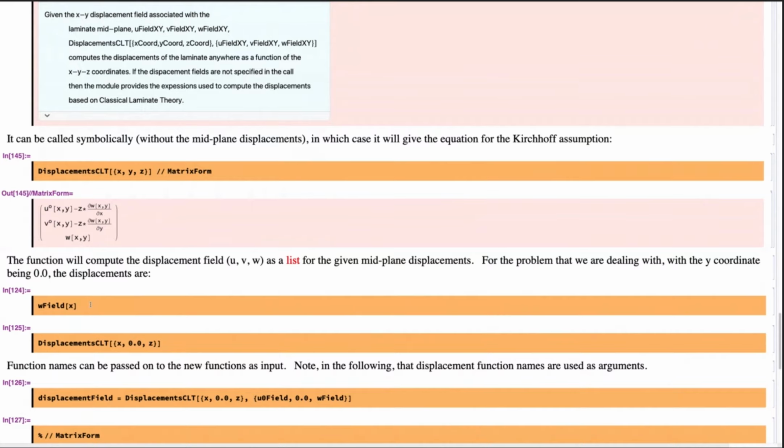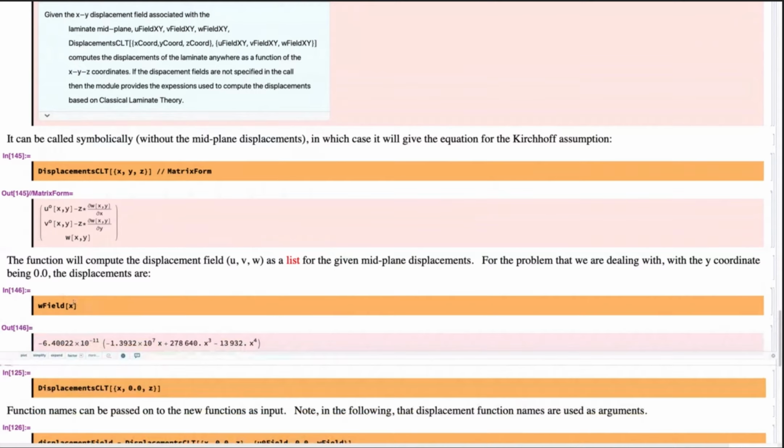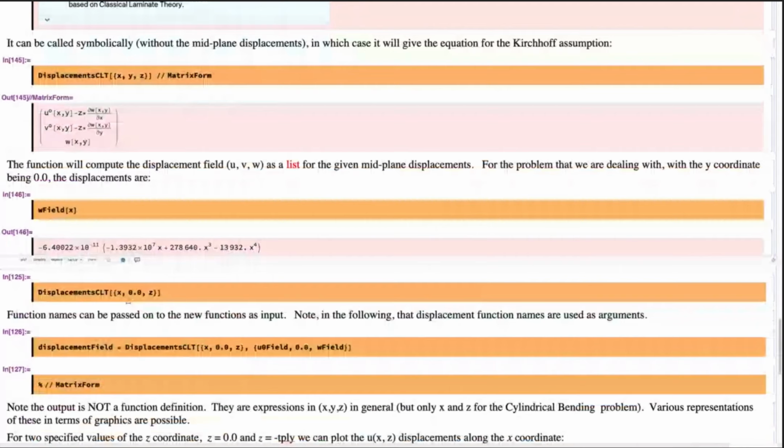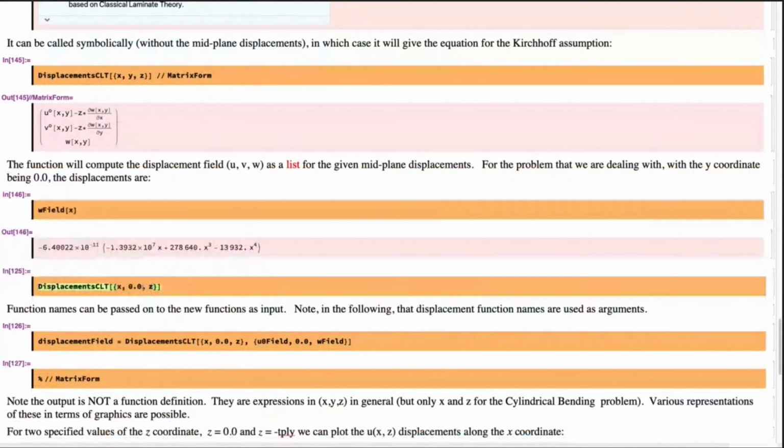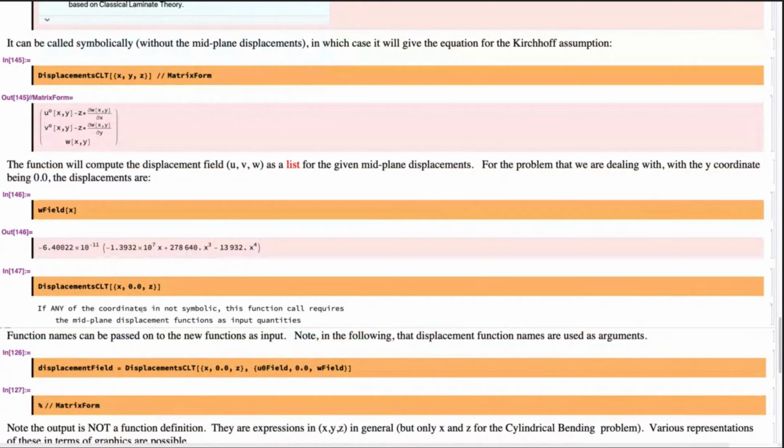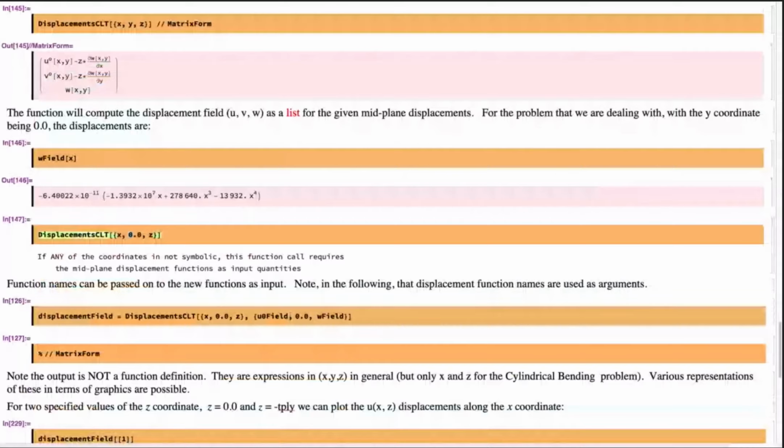So my X field was like this. If I call my displacement with any of the coordinates defined as a number, it says you can't do this. If it's a number, then you have to provide the U, V, and W fields. So I'm going to be calling the displacement CLT with X coordinate and Z coordinate.